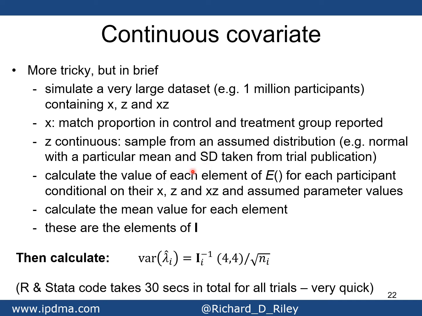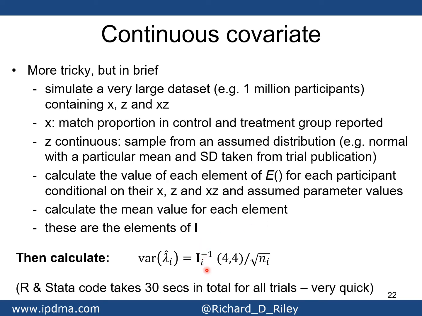We can then calculate the value of each element of the expectation of the unit information matrix simply by calculating that element for each participant, conditional on their X and Z values and the assumed parameter values, and then calculate the mean of each element, and that's going to give us the expected values, which are the elements of the information matrix.